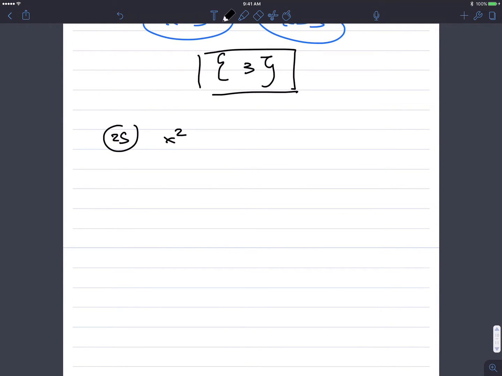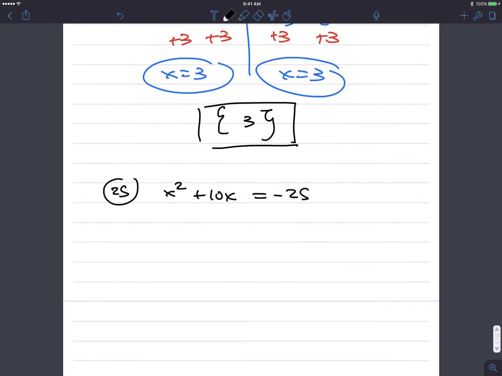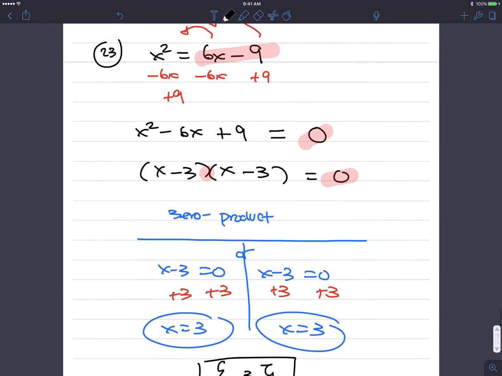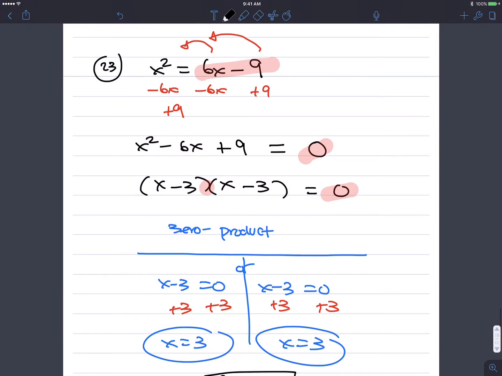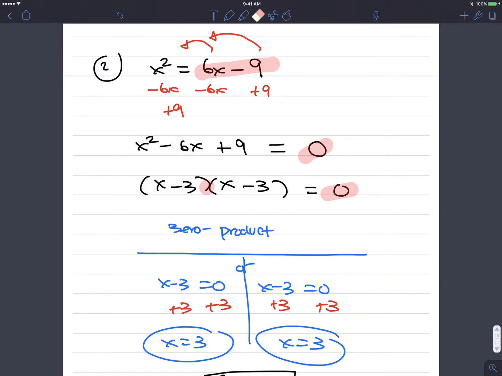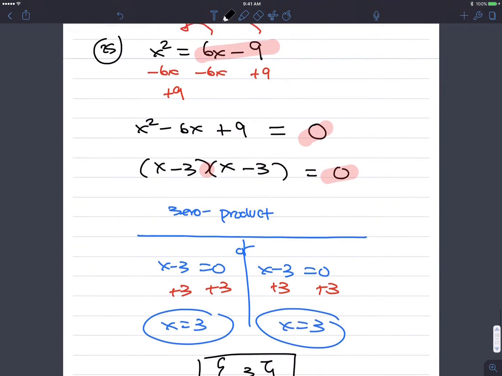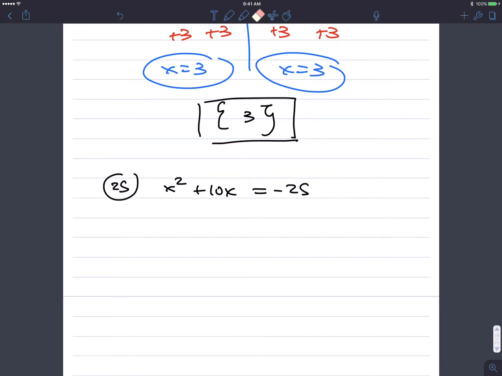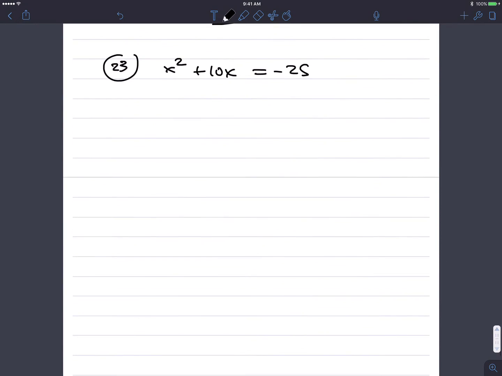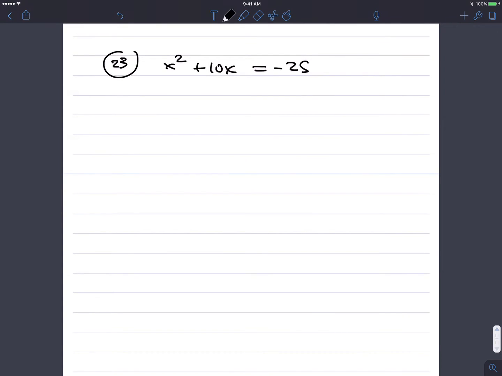X squared plus 10x is negative 25. Actually, just to be clear, this was actually 25, and this is not. This is actually 23. So I want to be clear with that. Okay, not such a big deal, but okay.